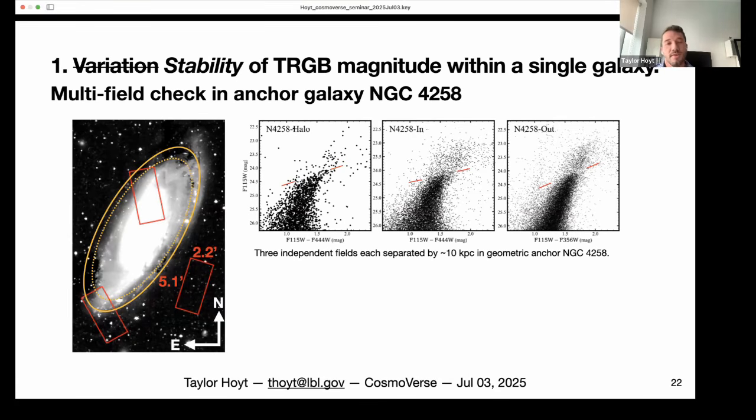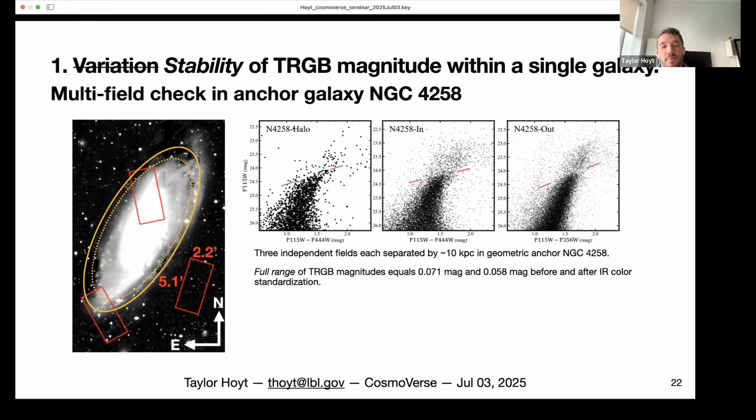So the three fields are separated by about 10 kiloparsecs in physical size in this galaxy, so they're completely independent of each other. And you can see the TRGB measurements portrayed here by the red bracketed lines. Quantitatively, the full range of the three measurements equals 0.071 magnitudes before we apply the infrared color standardization, and 0.058 after.